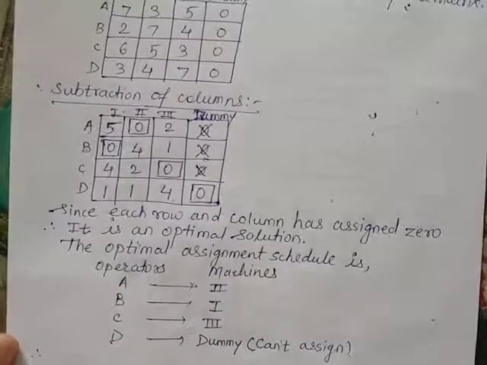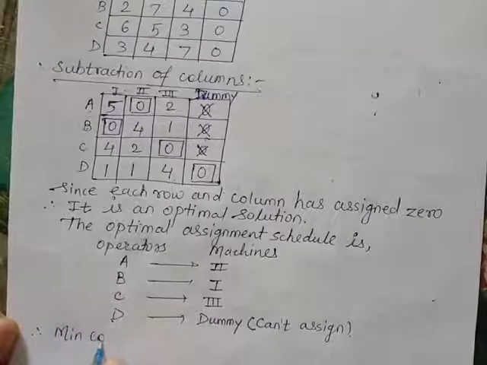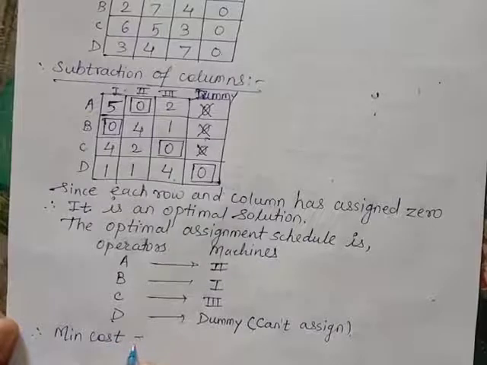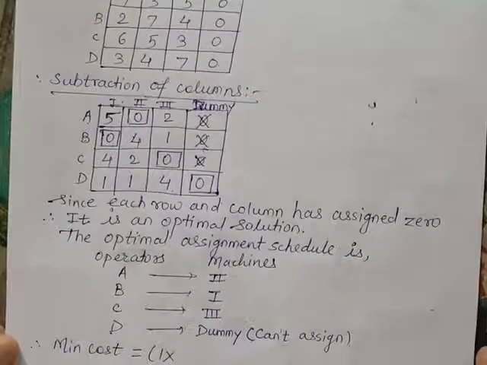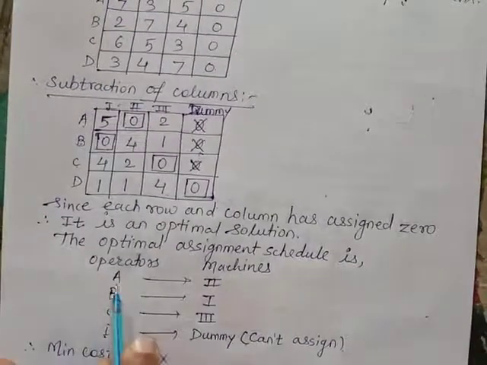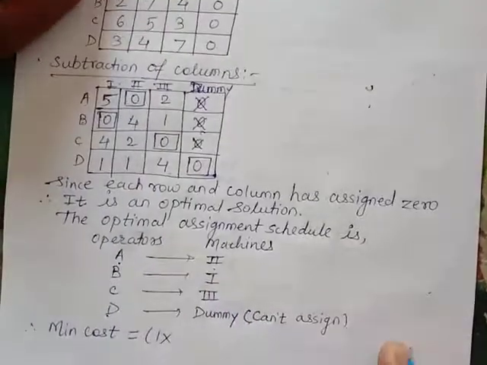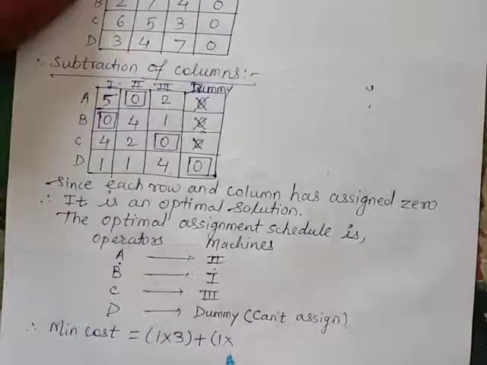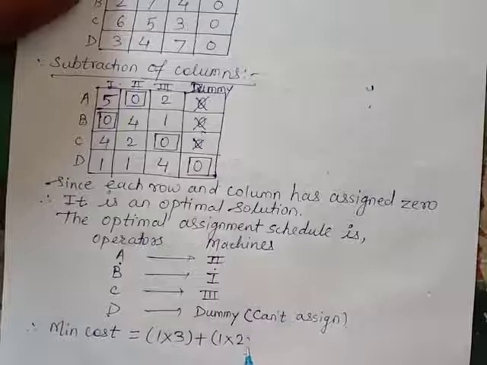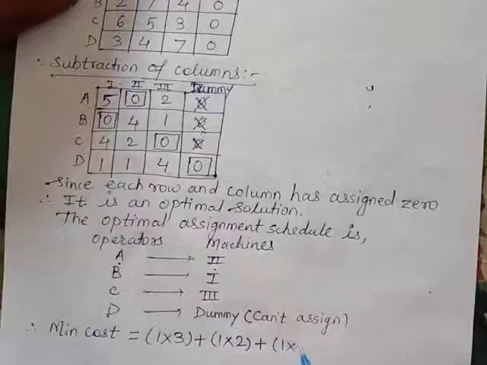Therefore, what is the minimum cost? Minimum cost is 1 into, what was the cost here? For the second machine, at that position the cost is 3, plus 1 into, for B the cost is 2, and for C the cost is again 3.